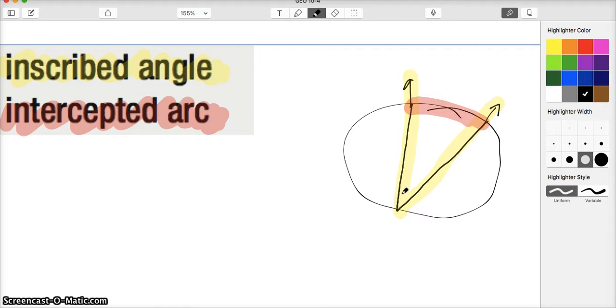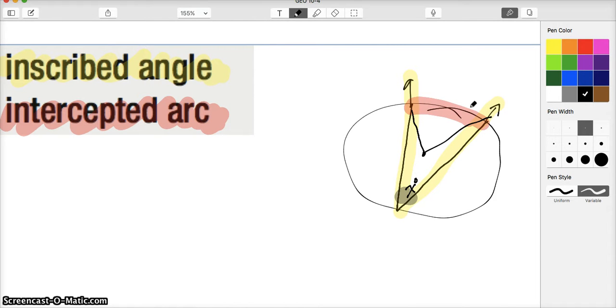If this angle here is x degrees, this arc measure, which comes directly from the central angle here, will be twice that. Therefore, the central angle is also twice that. So that's the big story, and we'll get to that in the lesson. If it doesn't quite make sense, we'll get there. But let's check out our lesson.